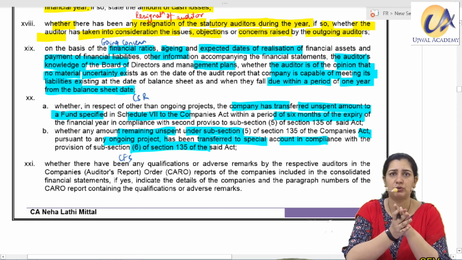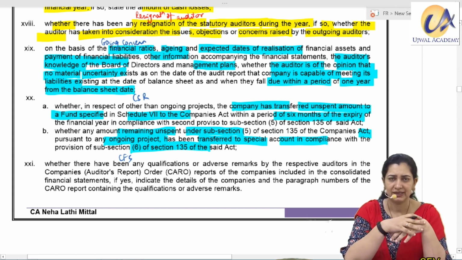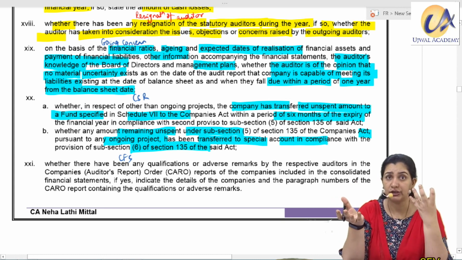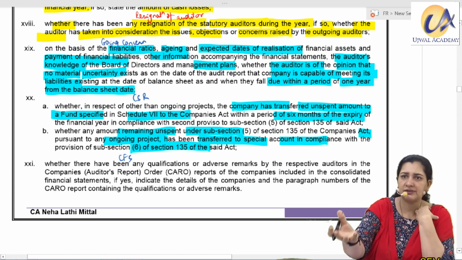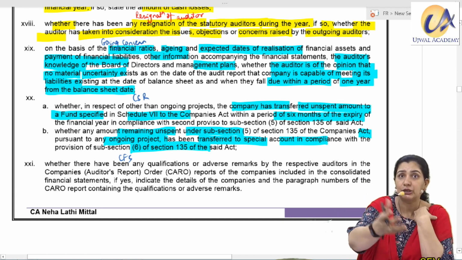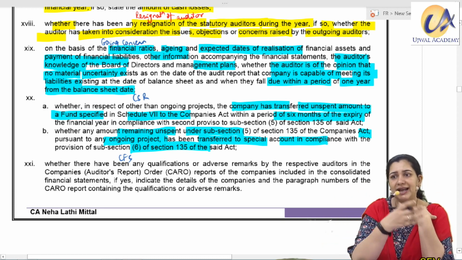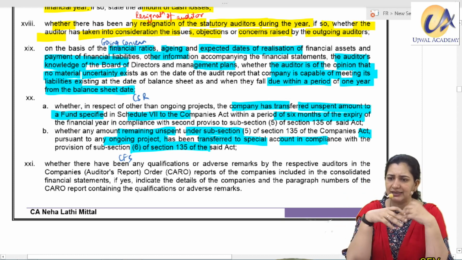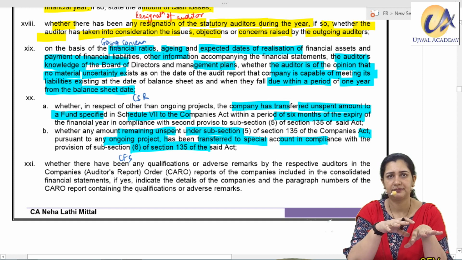Mainly subsidiaries, whatever reports we have received. Not necessarily am I the auditor of the subsidiaries also, but I'm the auditor of the CFS. So subsidiary reports which have come to me from other auditors, if there was any adverse remark or qualification in that report, did we consider that in our reporting?